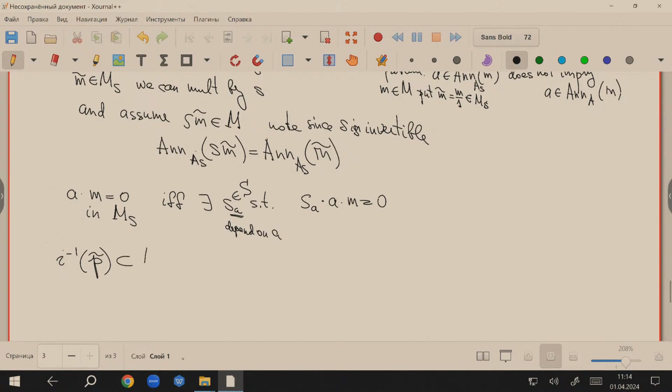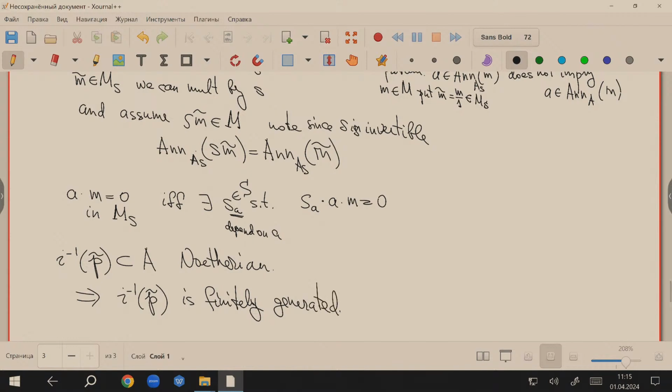It is an ideal inside A. A is Noetherian, and this means that the inverse image of P tilde is finitely generated. So you have to find the element exactly in the module M, such that it will be, we have to find.